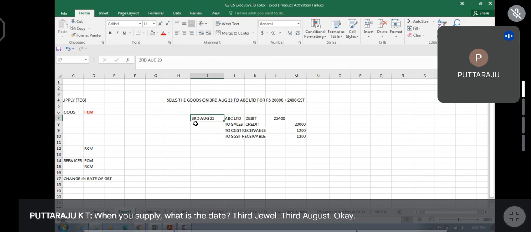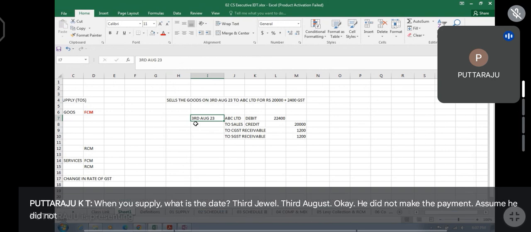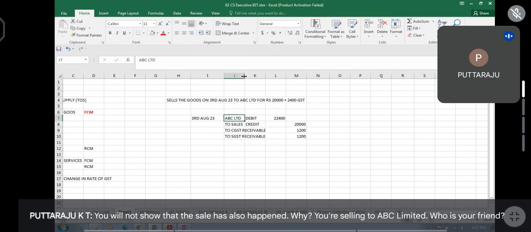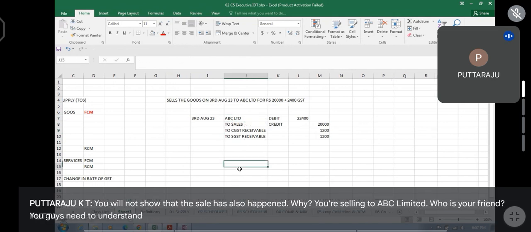Assume he did not make the payment, and you will not show that the sale has also happened. Why? You are selling to ABC Limited, who is your friend. You guys need to understand the things here.